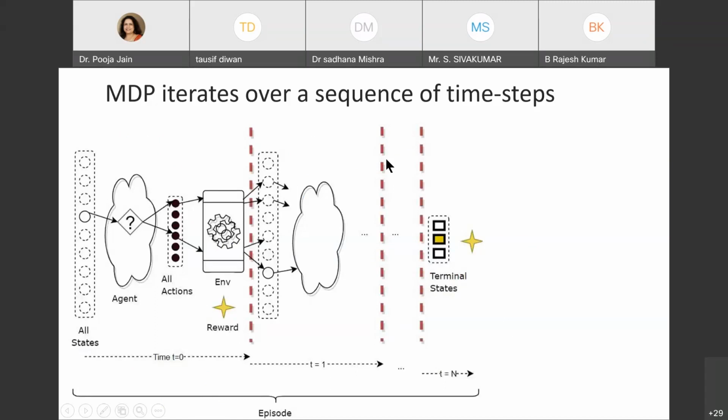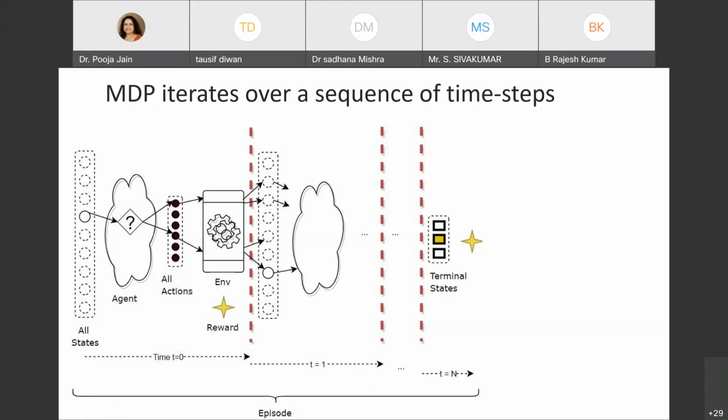At some point of time, the opponent successfully places all three marks in a row, in a column, in a diagonal, or in an anti-diagonal. Then that is considered a terminal state. The entire sequence of these steps is considered one episode, meaning one game.